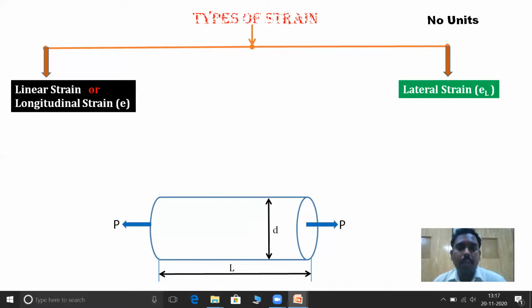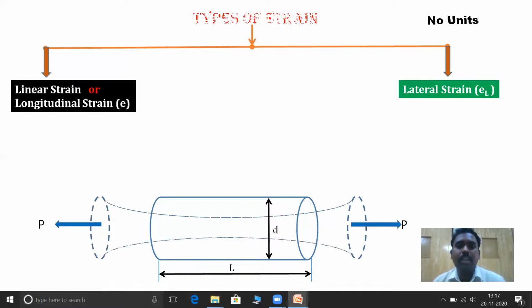What happens if I apply a tensile load? Definitely its shape and size get changed. There will be a certain change in shape and size. So this final shape is represented with the help of dotted lines. Once we get the final shape, let's measure its dimensions.